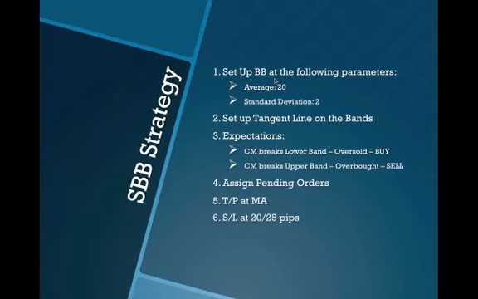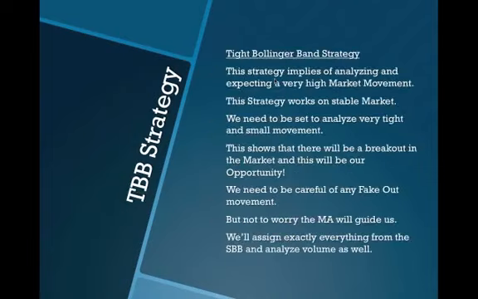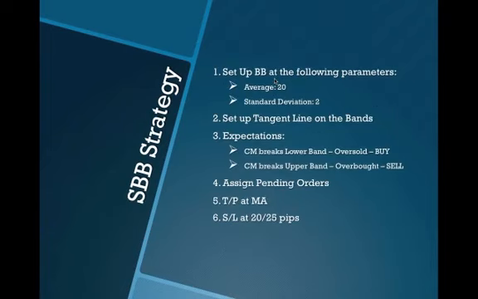Continuing on our review, we have two strategies, the SBB strategy and the TBB strategy. The SBB strategy is the simple Bollinger Band strategy. First of all, we need to set up the Bollinger Band with the following parameters: average 20, standard deviation 2, and then we set up a tangent line on the bands.